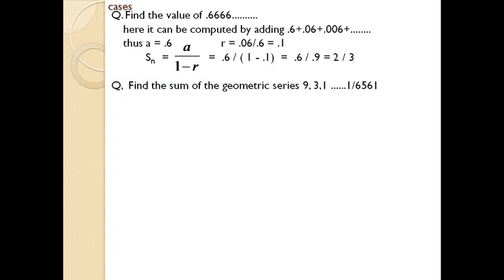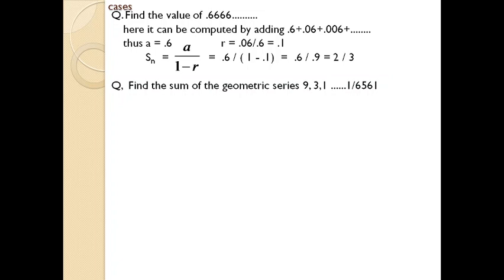Find the sum of the geometric series 9, 3, 1 and so on, till 1 by 6561. How we are going to deal with that case?